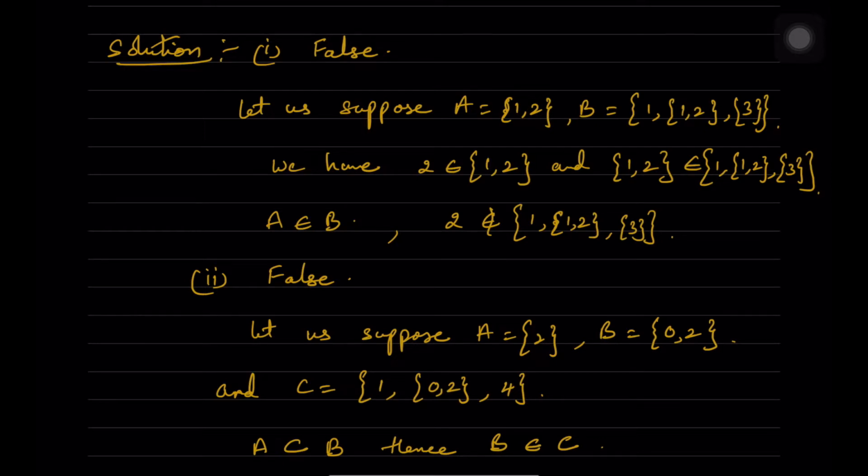So we have here 2 belongs to the set {1, 2}, that is 2 belongs to set A, and {1, 2} is an element which belongs to set B, that is {1, 2} belongs to B. So we can see very clearly that this is an element of B, so this element definitely will belong to B. So therefore A belongs to B. Here you are having A belongs to B, but 2 separately is nowhere written in the set B. So 2 does not belong to the set B, isn't it? So therefore the first statement is wrong.